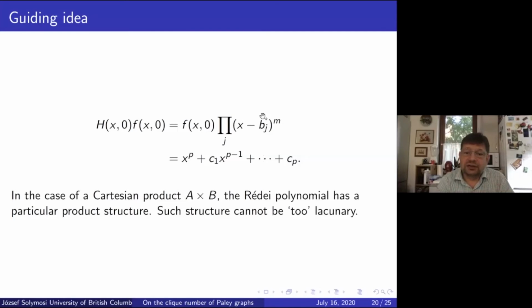On the other hand, if you take the derivative, this polynomial has roots with multiplicity m and n roots with multiplicity n. So this polynomial has many roots, and of course the degree is a bound on the number of roots.